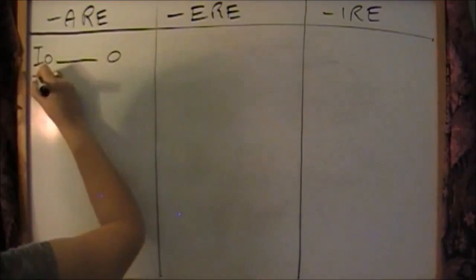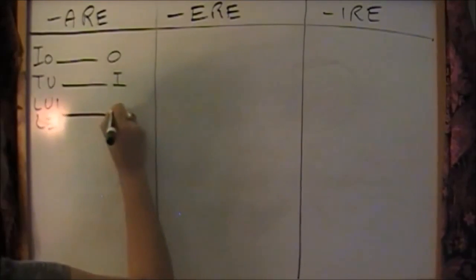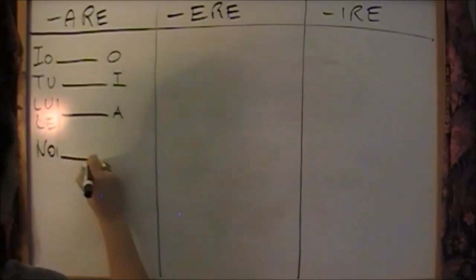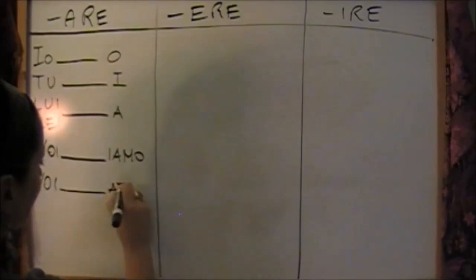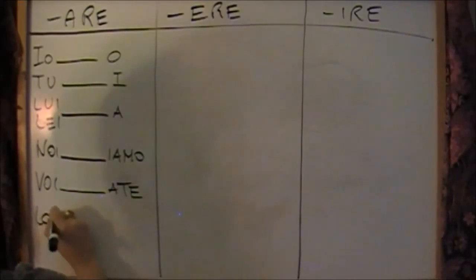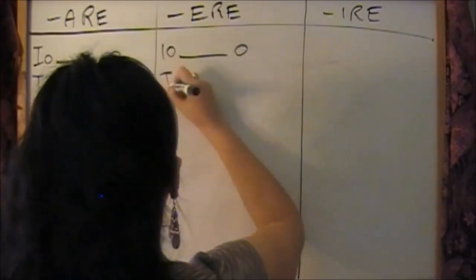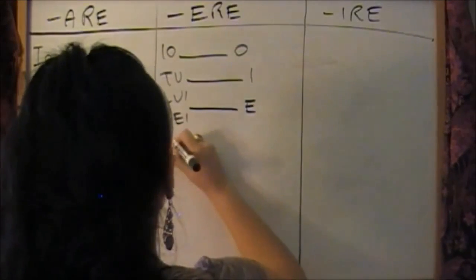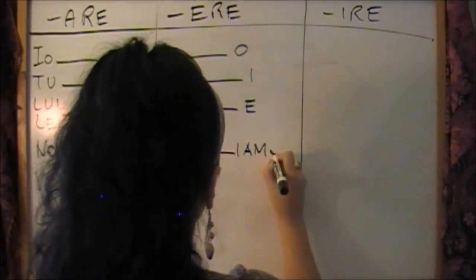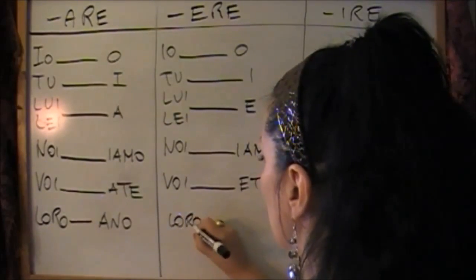Io, o, tu, i, lui, lei, a, noi, iamo, voi, ate, loro, ano. Io, o, tu, i, lui, lei, e, noi, iamo, voi, ete, loro, ono.